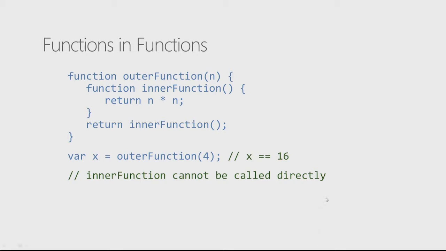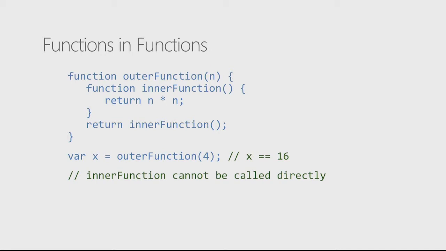Now, once we have that value of n, notice that the inner function, which takes no arguments, can return n times n, and that would seem to make sense because n's being passed into the outer function. That means it's scoped to everything within that function, even functions defined within that function. Sounds complicated, but it will actually work. It'll return the value of itself times itself. So we return the inner function as the return value of that outer function.